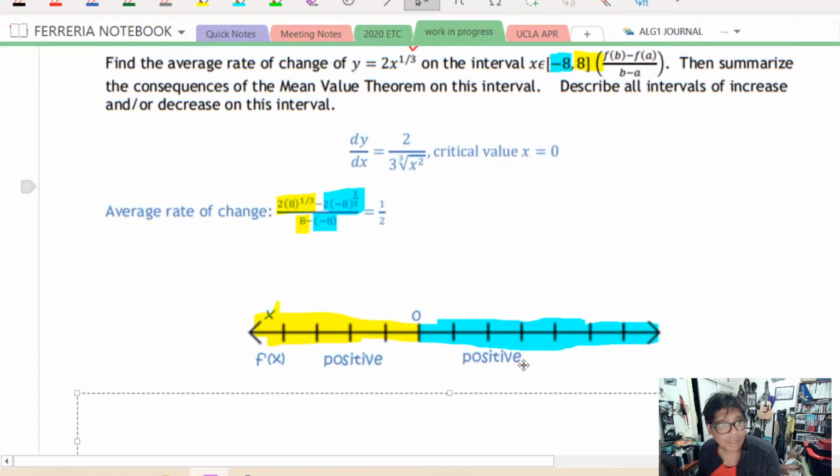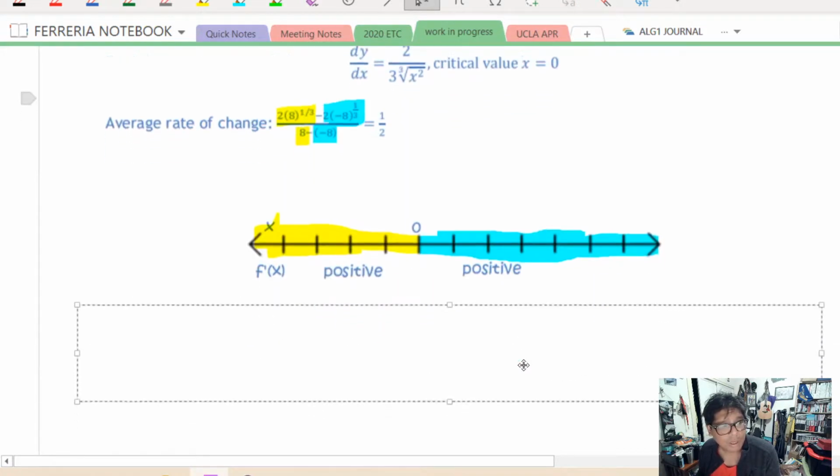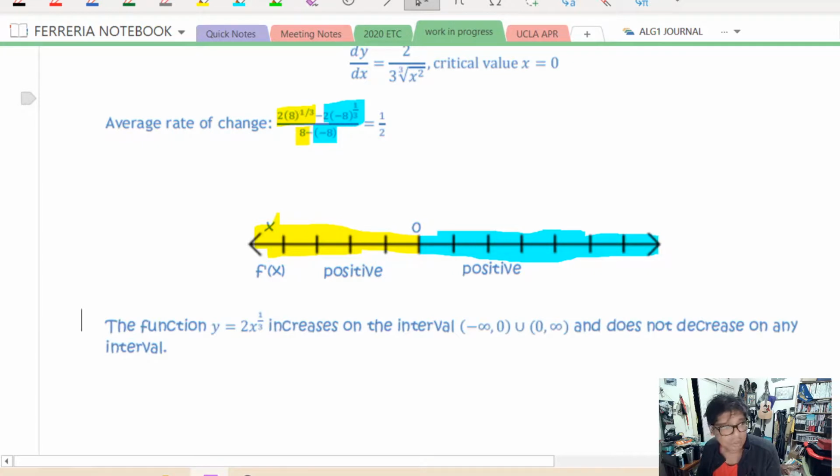So, finally, we can go ahead and describe all intervals of increase and decrease. The function increases on the interval from negative infinity to 0, union with 0 to positive infinity, and does not decrease on any interval. Now, you might be saying, why can't I just use negative infinity to positive infinity? And actually, the answer is, do we know what's happening at x equals 0?